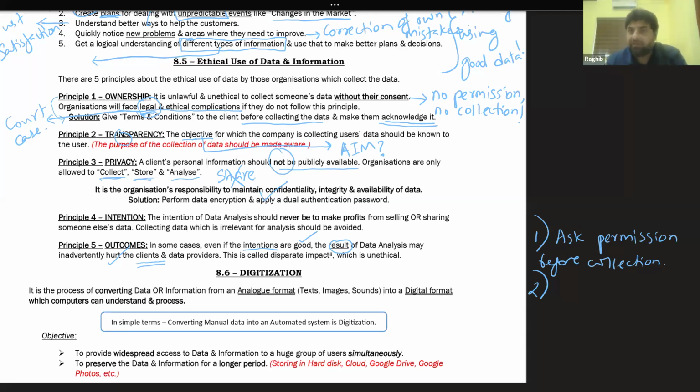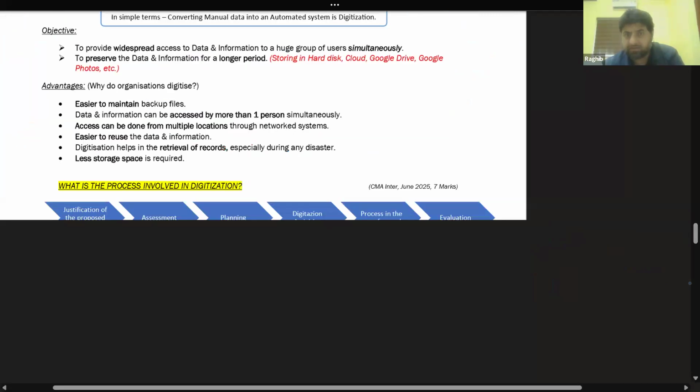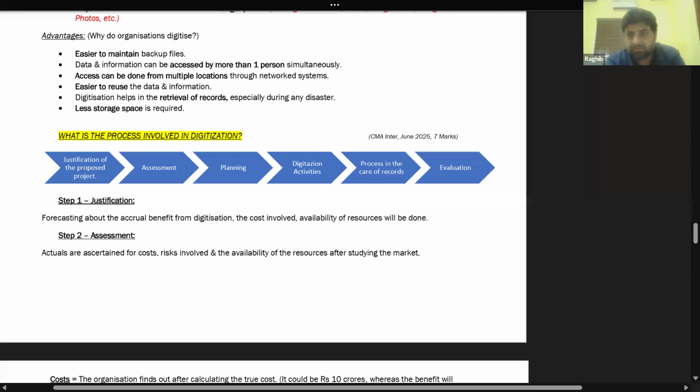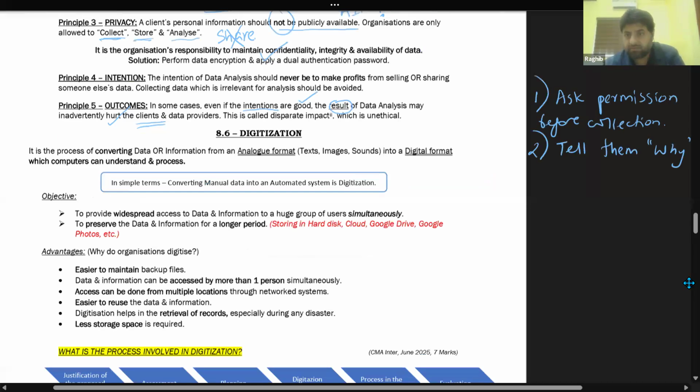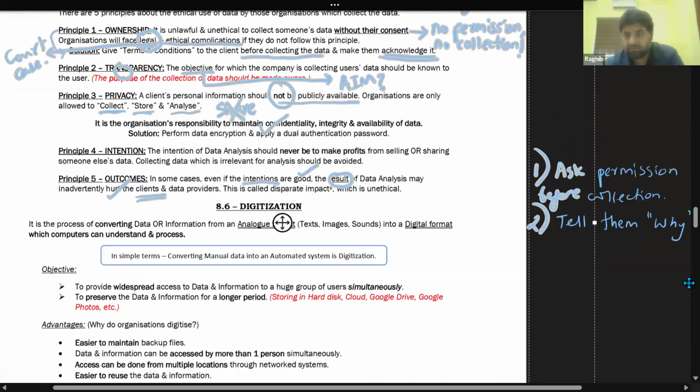So these are the five different types of ethical use which are kept over here. Now, we can understand the first one is ask permission before collection. The second one is tell them why collection is happening.